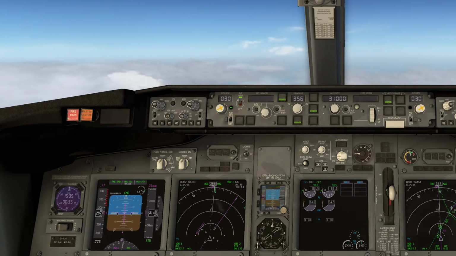And then direct to Strasbourg, but that will depend on the arrival we choose. Dijon is now 11 nautical miles.